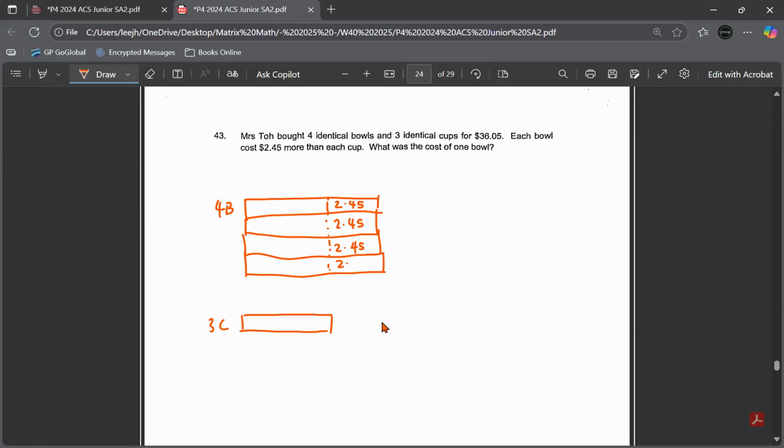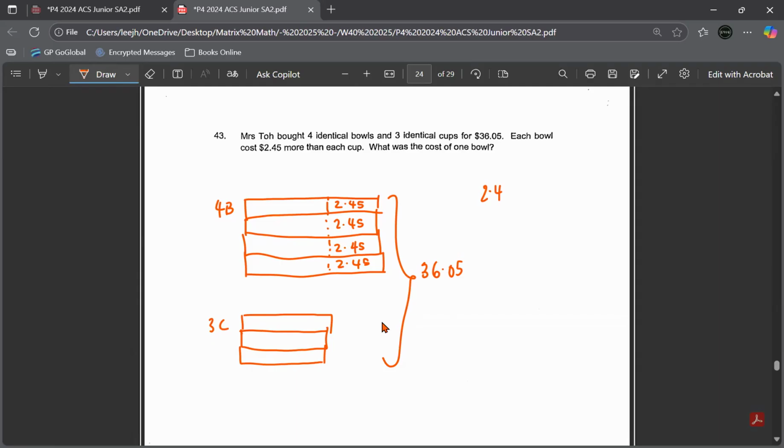Stacking model. And the cup, you got 3. So there's 1, 2, 3. Total, you paid $36.05. So you have to take away all these differences to make 7 units.